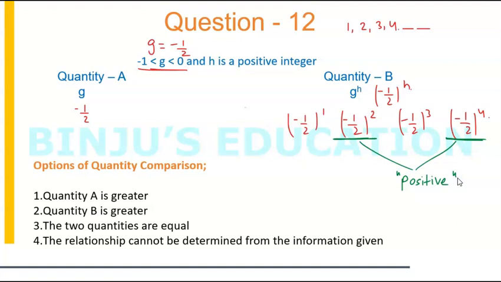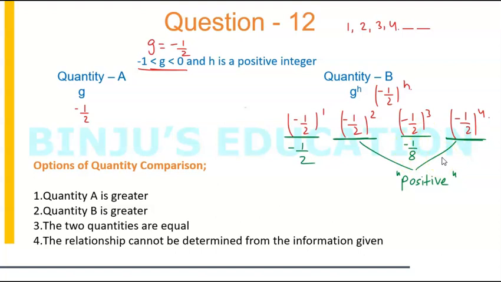But what about when you have an odd power? In the first case, you have minus half to the power 1. So this is actually equal to minus half, which is equal to quantity A. What about minus half to the power 3? Minus half to the power 3 is basically minus 1 over 8, which is basically less than minus half. Sorry, my bad.